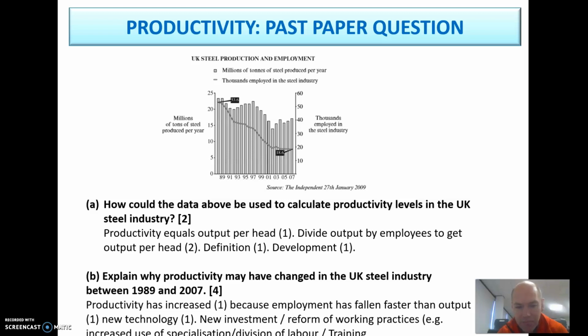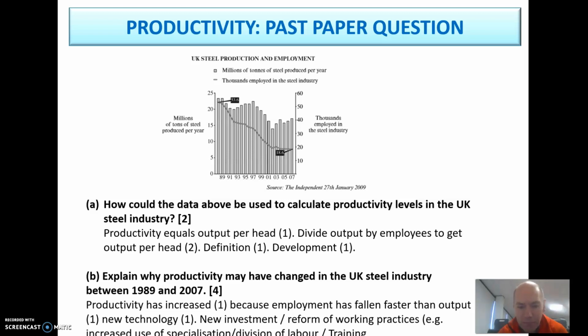So first of all, you pick up that productivity has increased. Why? Because employment has fallen faster than output. In terms of output, it's fallen, but not as fast as employment, so people must be producing more per person. And then really it's giving one reason for that. So the use of new technology, robotics, more automation means output per person will go up.